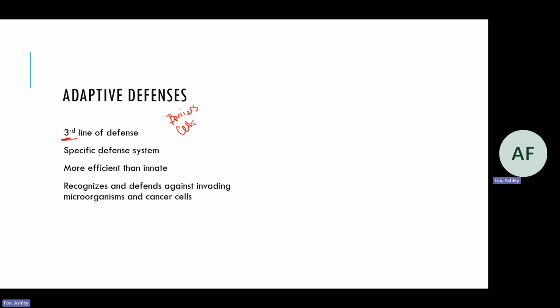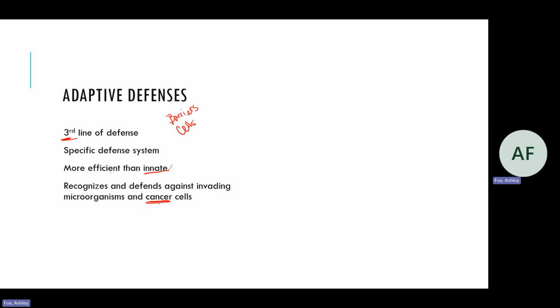So the adaptive defense, the specific, is more efficient than the innate. It is looking for a specific type of pathogen, and then it will fight against that specific one. The natural killer cells fight against cancer, but we also have T cells or T lymphocytes, which we'll talk about in the next PowerPoint, that defend against cancer cells as well.